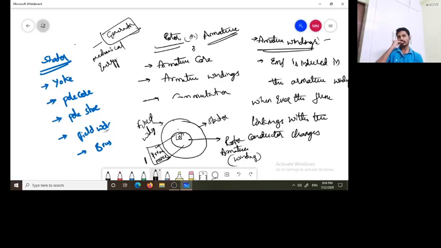At the time of starting, we start the prime mover, which means the prime mover is rotating. If the prime mover is rotating, the rotor of the generator will also rotate. If the rotor is rotating, the conductors present inside the rotor, which are nothing but the armature winding, are also rotating in nature.